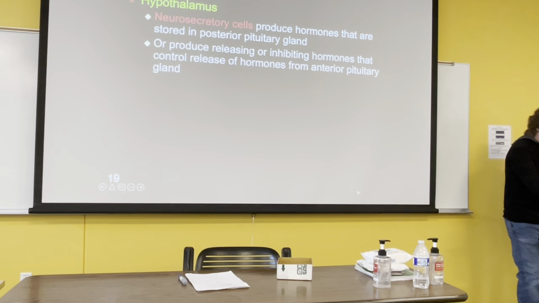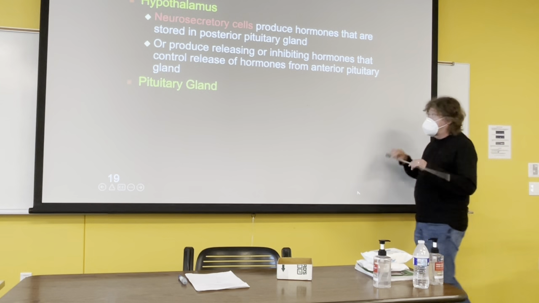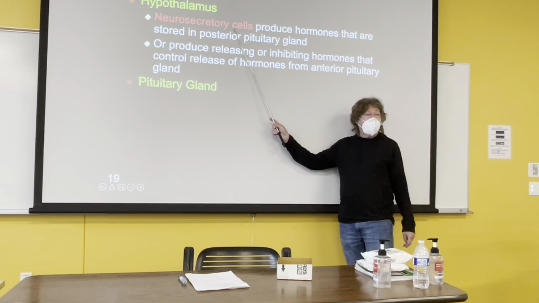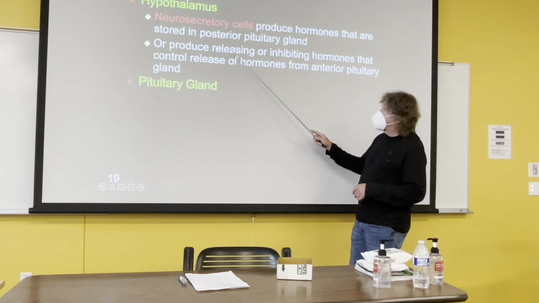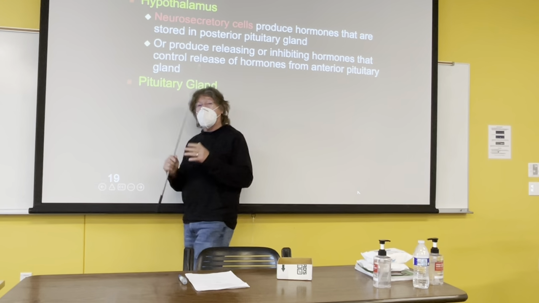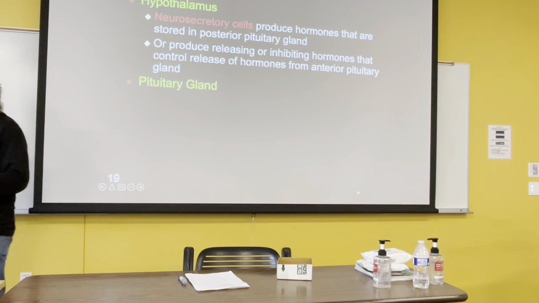The anterior pituitary, however, is still controlled by neurosecretory cells that are in the hypothalamus, but those neurosecretory cells produce what are called releasing and inhibiting hormones that are released into the bloodstream and diffuse into the anterior pituitary.